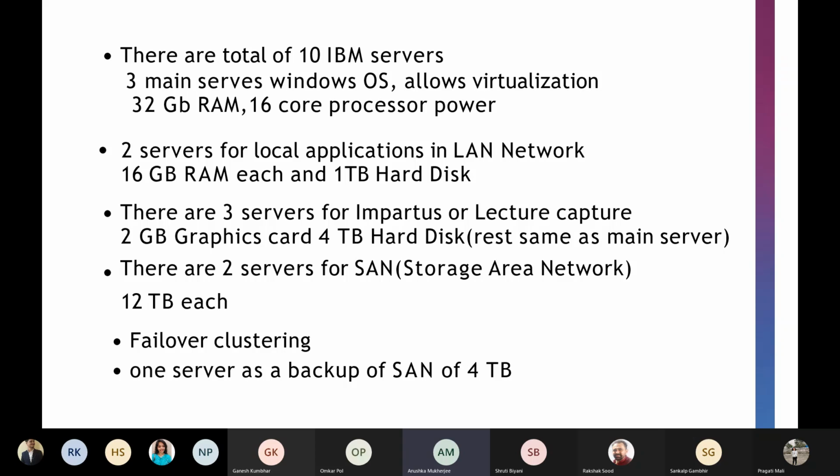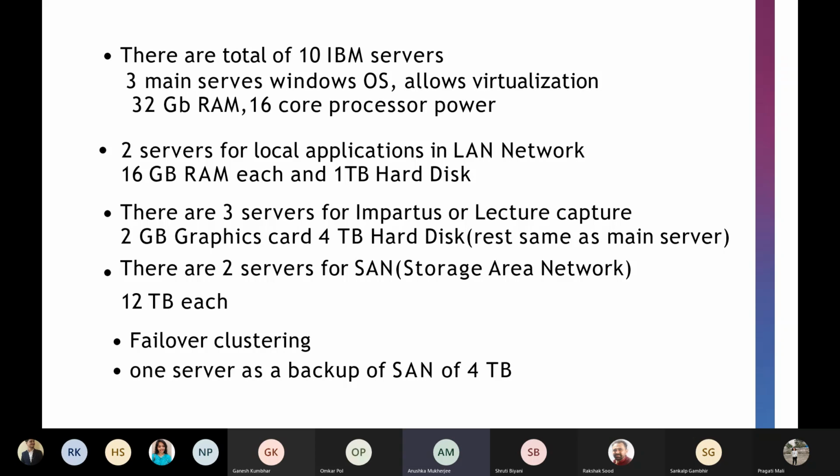They have 32 GB RAM and 16-core processor power. However, they also allow virtualization. With virtualization, we can use all the other OSs using these 3 servers. A total of 21 plus operating systems can be used using these 3 servers in the campus of Vidyalankar Wadala.